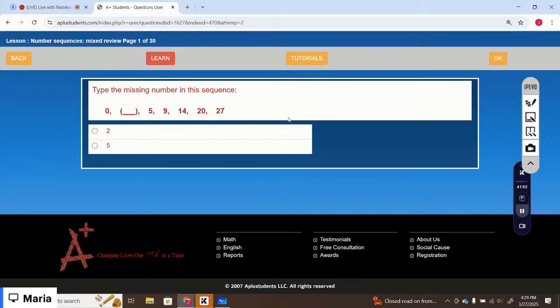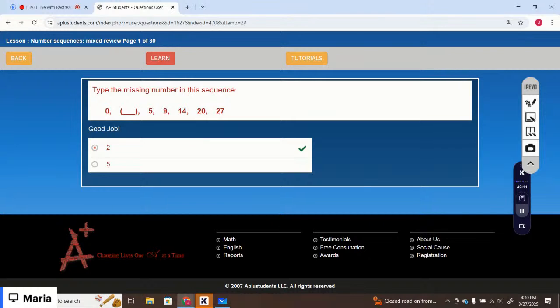Type the missing number in the sequence. That is true. Option number 1 is the correct option.